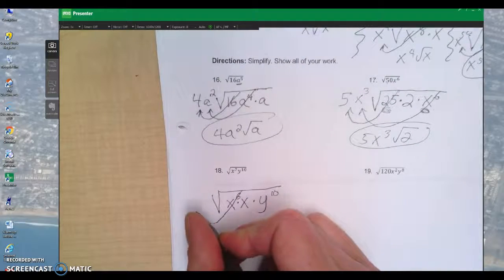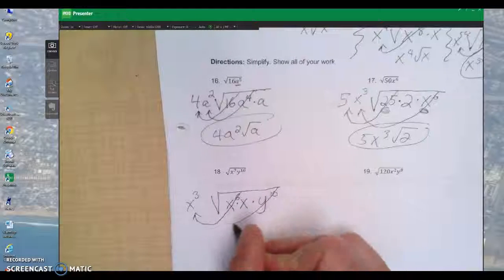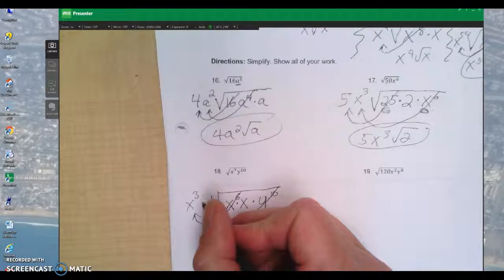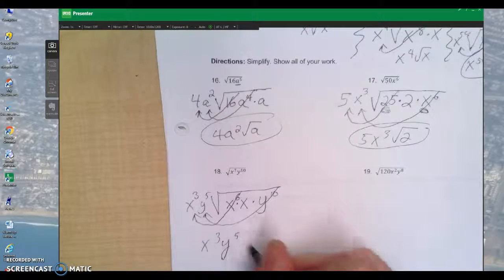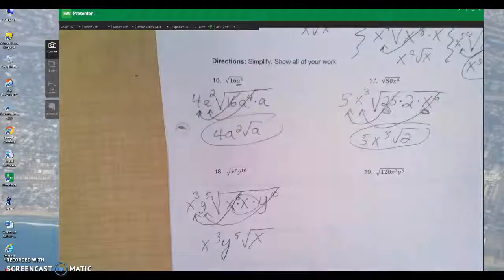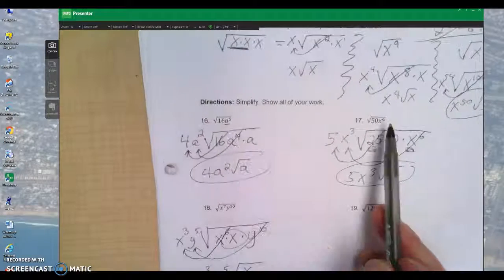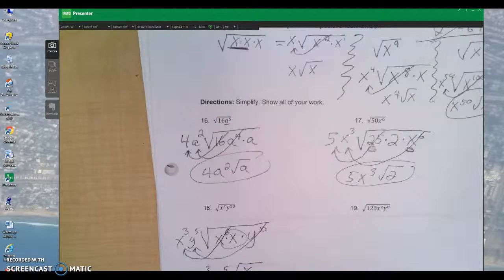Out he goes and becomes x to the half of the power is 3. Out he goes, half of the power is 5. X to the third, y to the 5th, radical. Who's left? That guy. So another way to think of this is anytime you have an odd power, you're going to have a variable left under the radical.